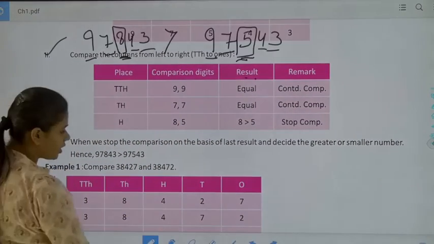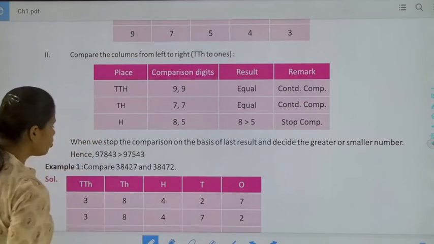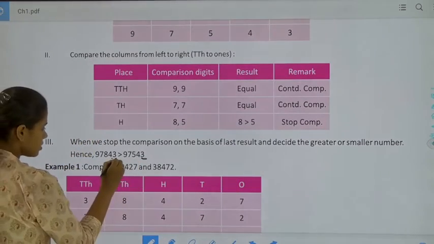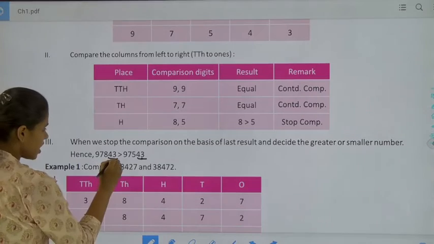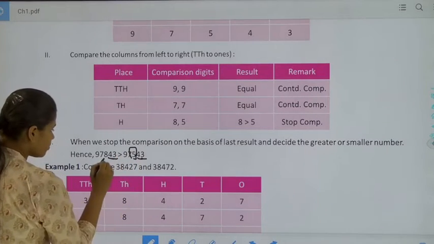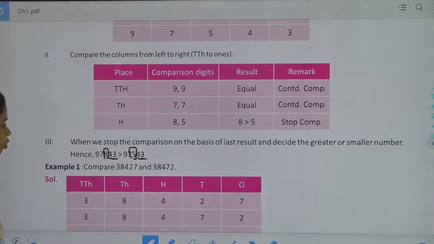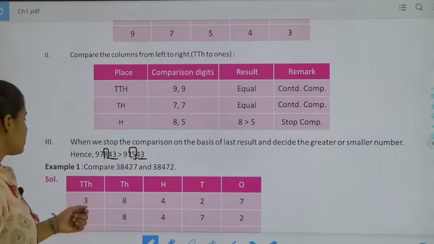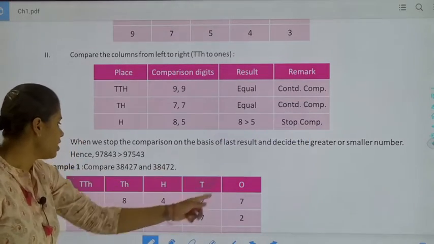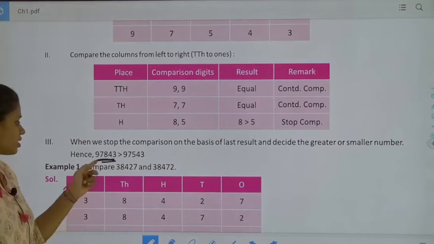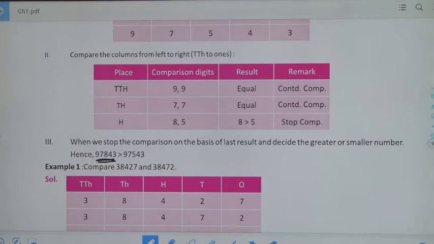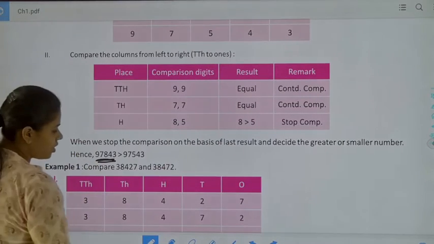So what will we do in this? We will check the place values. Ones same, tens same, but hundreds place value is different. So which one is the greater? That is 97,843 is the greater.